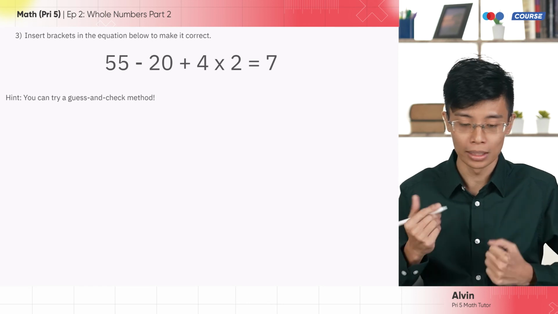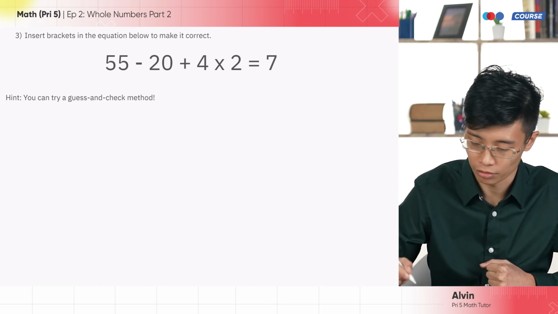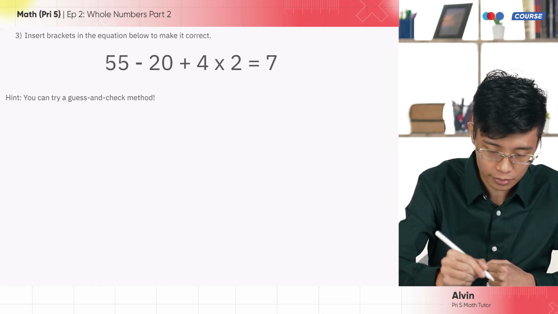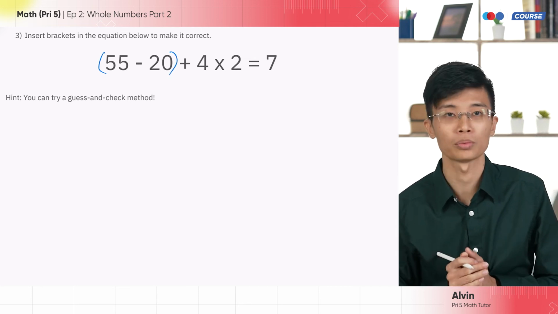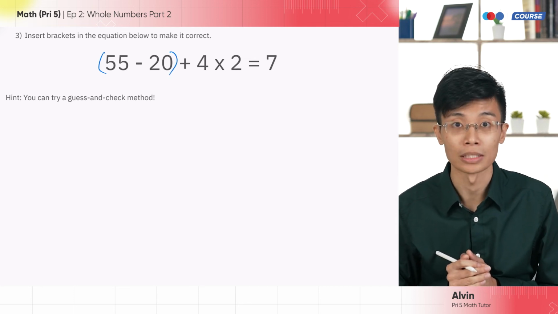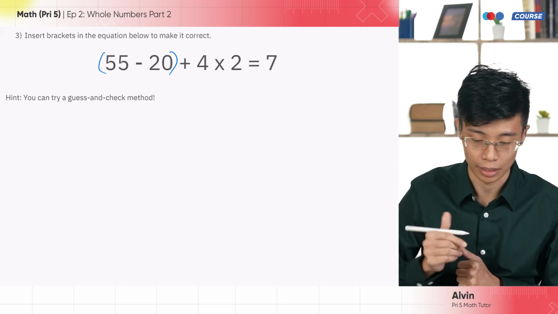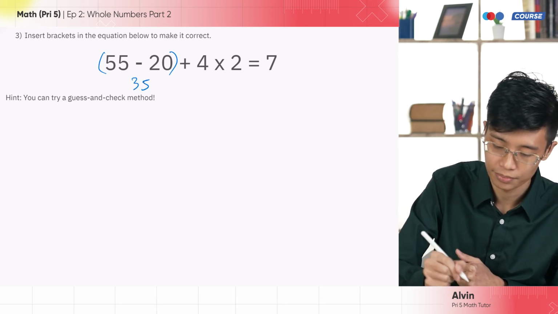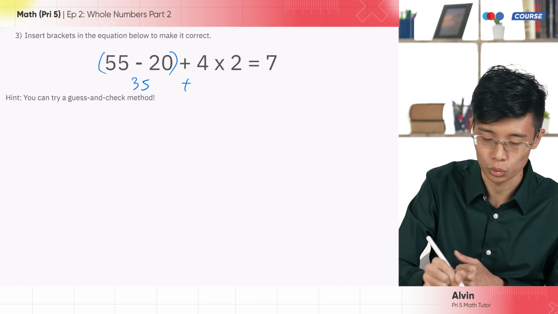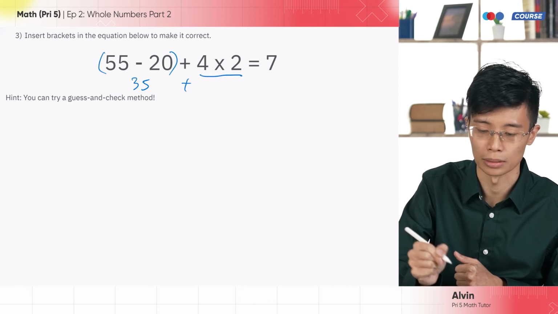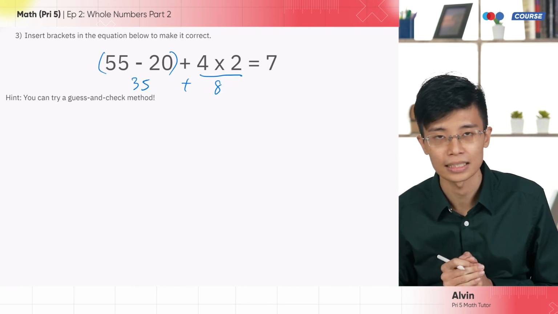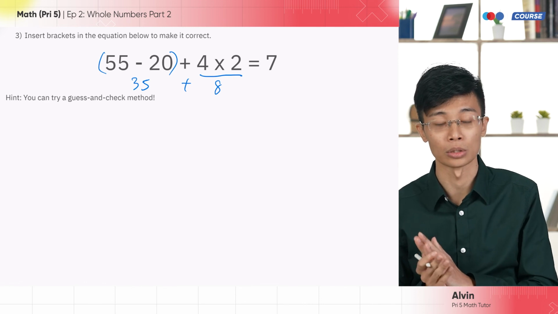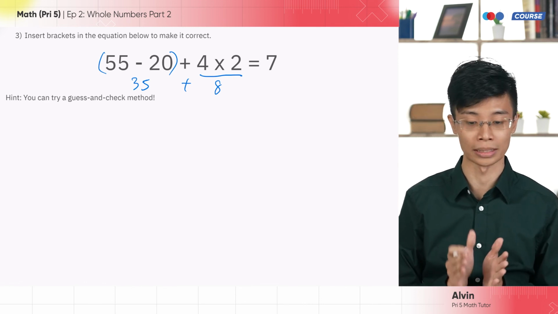For example, if we put a bracket around the 55 and the 20, which means we have to do the subtraction first, 55 minus 20 is 35, plus 4 times 2. Do the multiplication, then addition, this is 43. So clearly, that is not equal to 7, so that bracket should not be there.